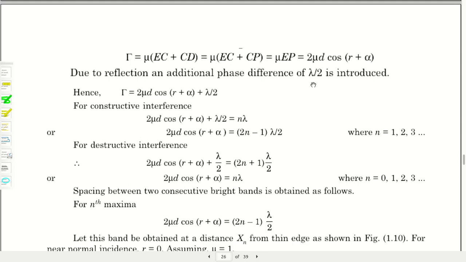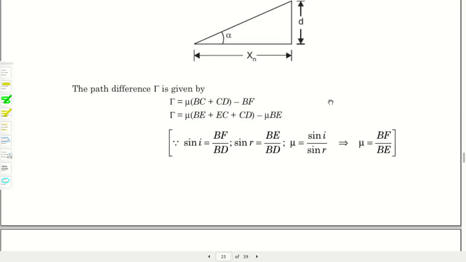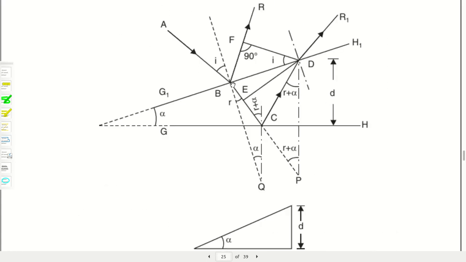For the same reason as we have discussed in the Stokes theorem, the extra path difference lambda by 2 is introduced at the point B, because this is the interface which is backed by a denser medium. Mu is greater than the air; the medium within the film is denser than the outside medium.